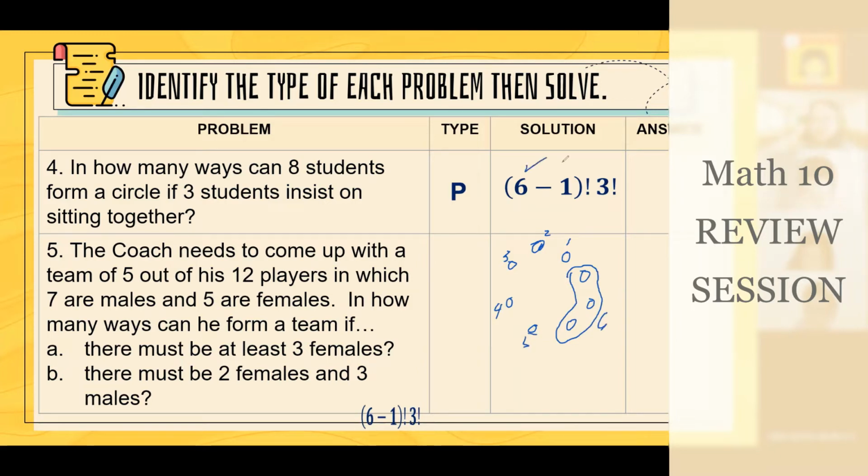That's why 6 minus 1. And those 3 can be interchanged also, that's why there is 3 factorial. So press 6 minus 1 in your calculator, get the factorial, times 3 factorial. Mavi, what is the final answer? 720. Okay, 720. So thank you.